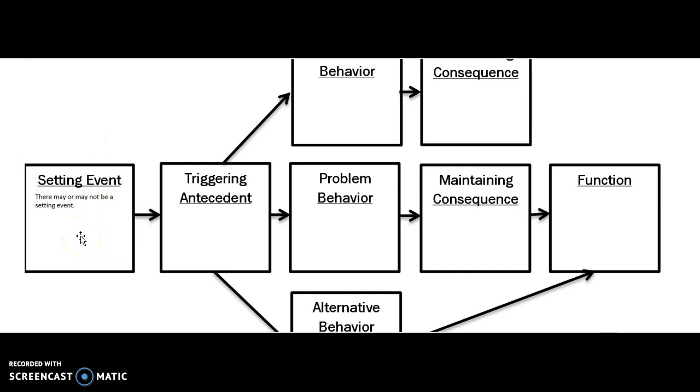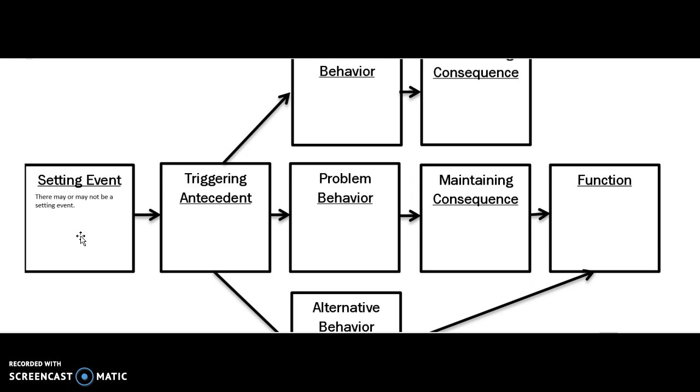So setting event, this is going to be something that is not directly related to the behavior, but may impact the likelihood that that behavior is going to occur. So this may be if the student is tired, it's more likely that this behavior is going to occur.